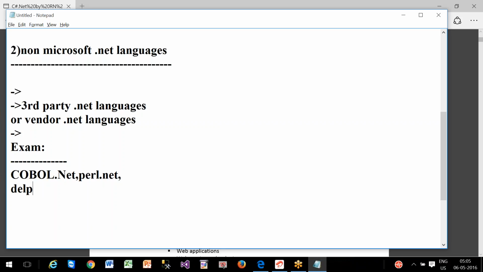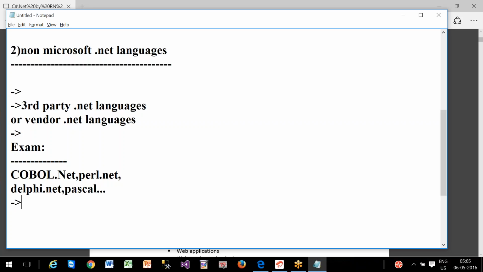Delphi is one language, other than COBOL, Pascal, Fortran, and so on. These are all called non-Microsoft .NET languages, third-party .NET languages.